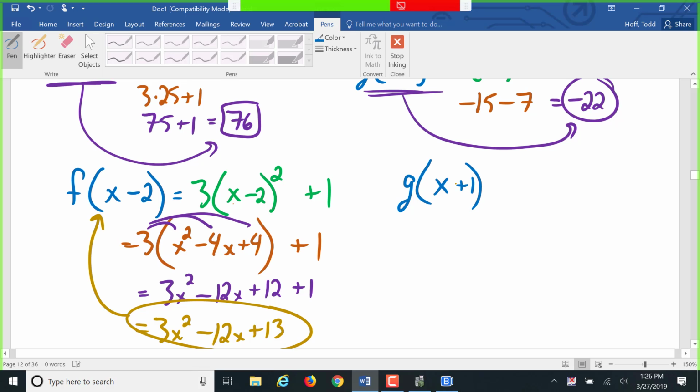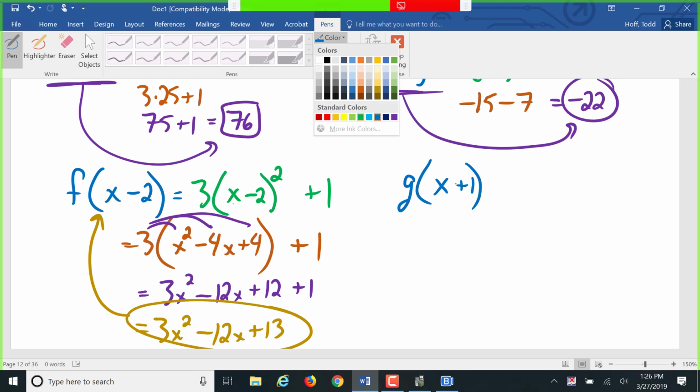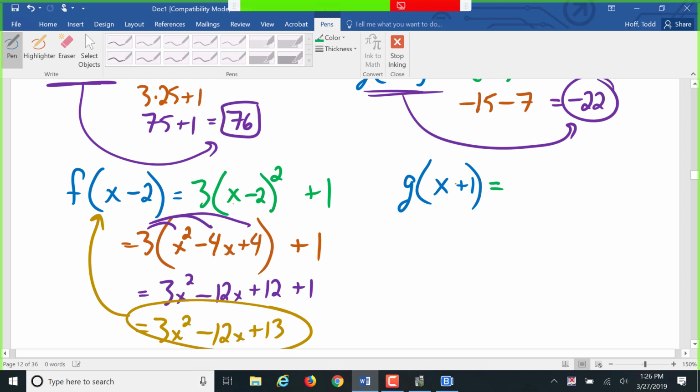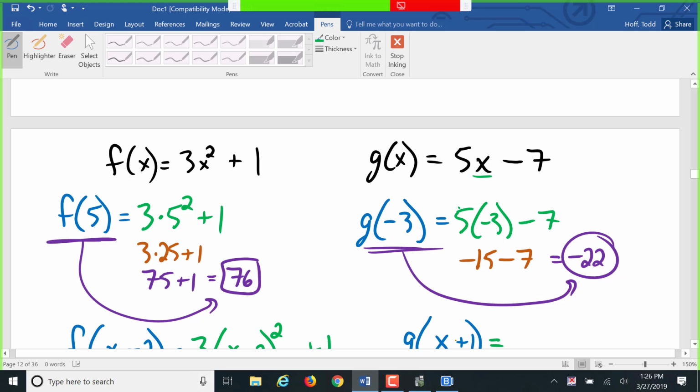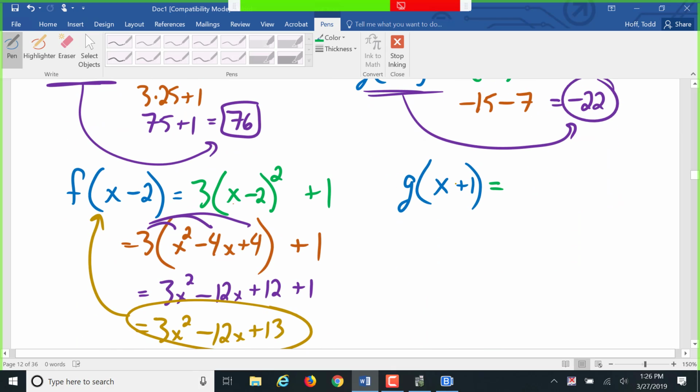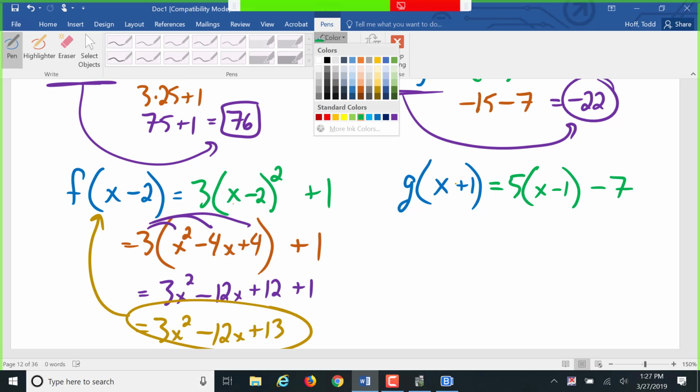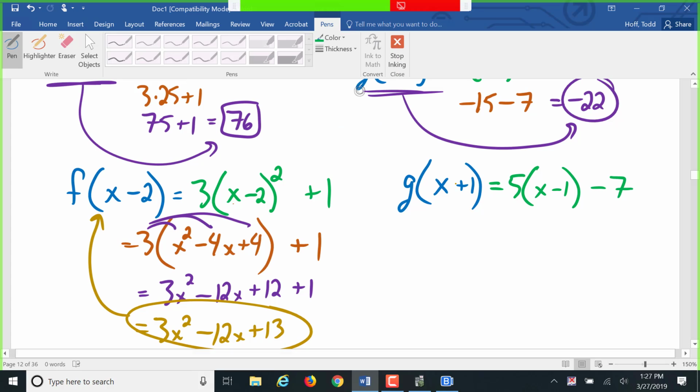What if I wanted to know g of x plus 1? Well, g of x was 5x minus 7. So this is 5 times x plus 1 minus 7. And we just do out the algebra from there. 5 times x plus 1, of course, is 5x plus 5.